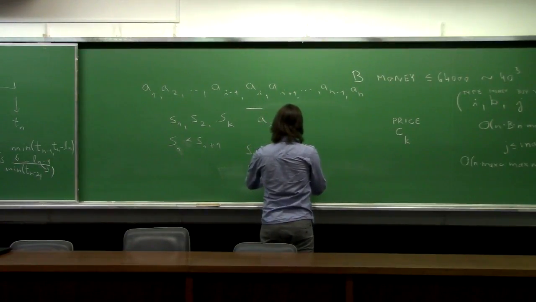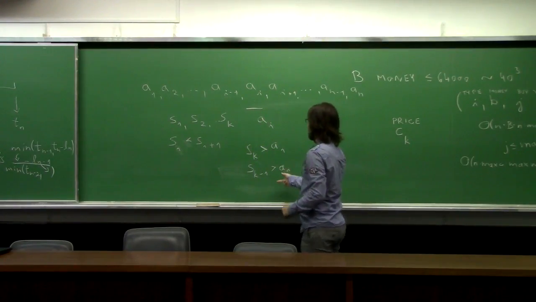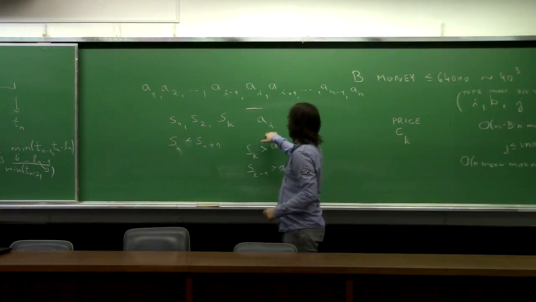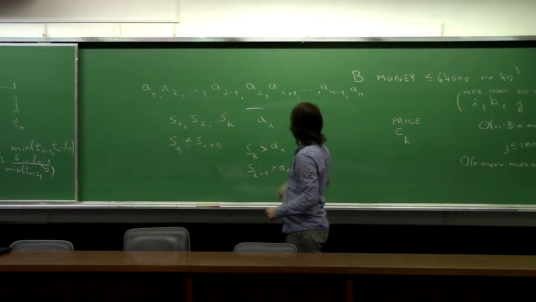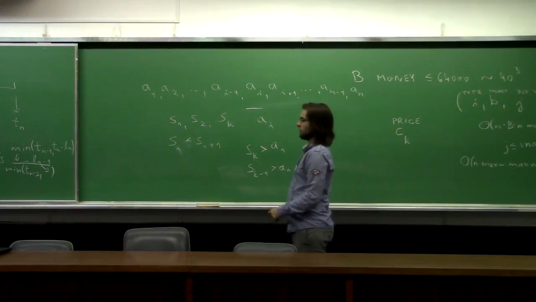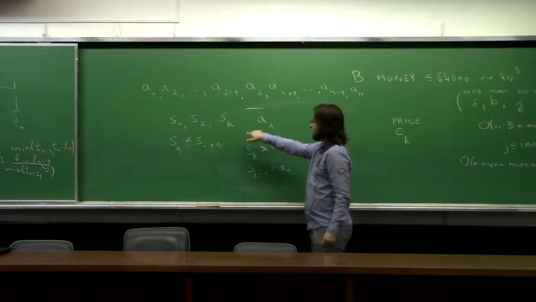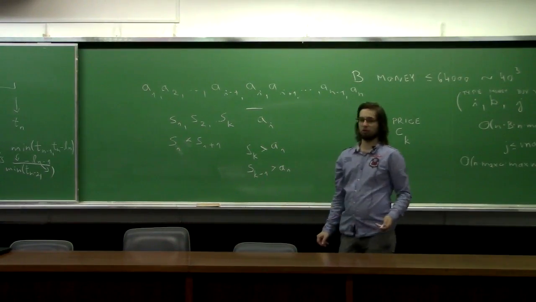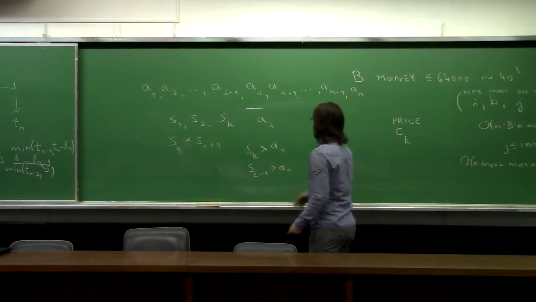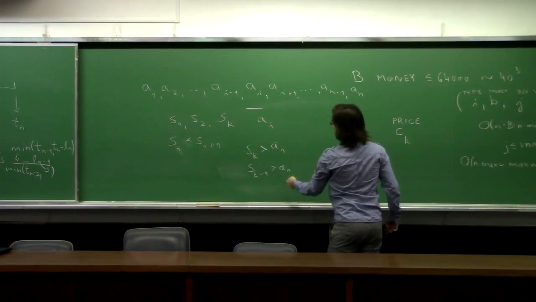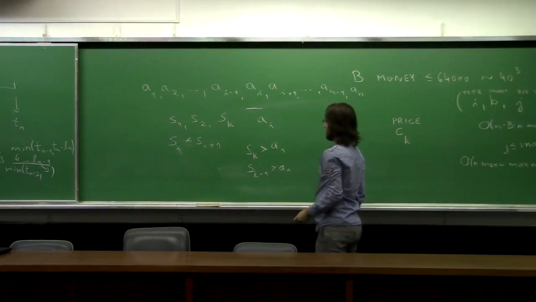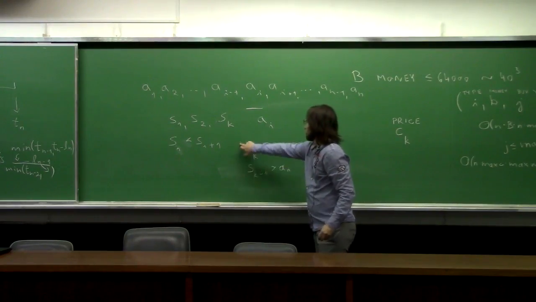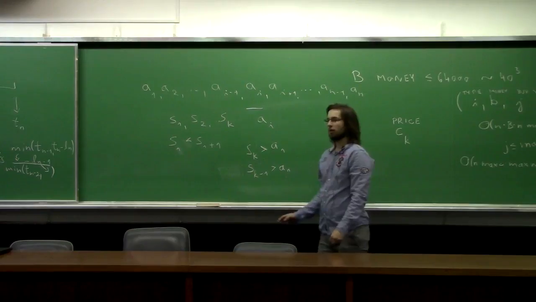If Sk minus 1 is greater than Ai, then there will always also be an edge from Sk minus 1 to Ai. And since Sk and Sk minus 1 are maximum numbers of different components, there is an edge from this to this, there is an edge from this to this, and so these two become one connected component.